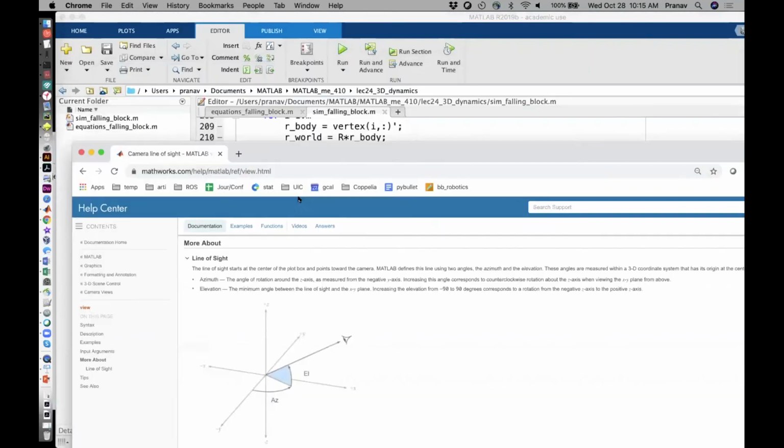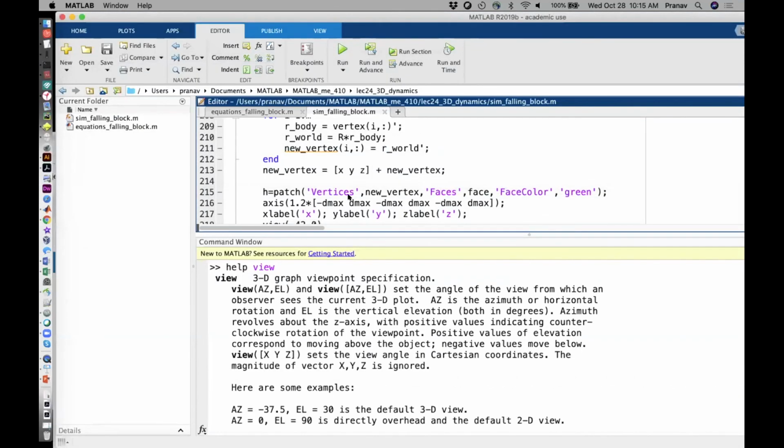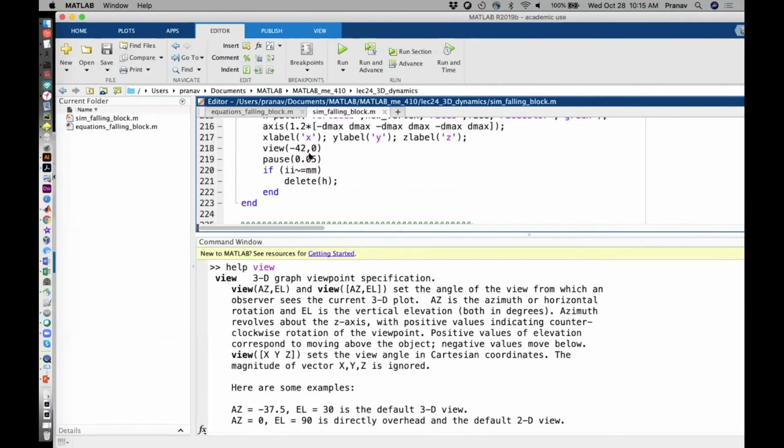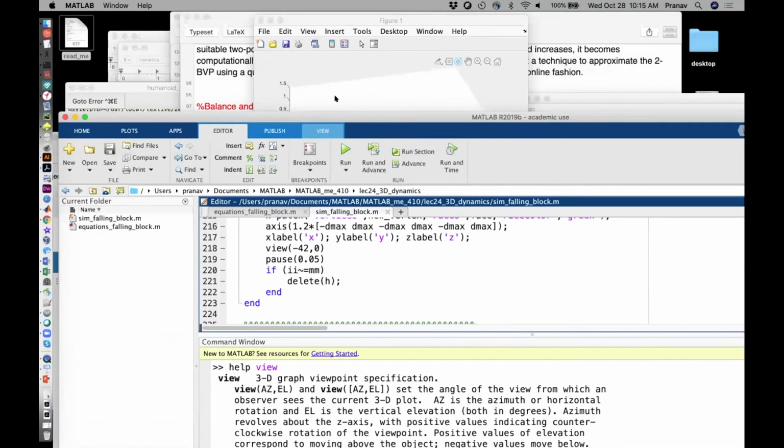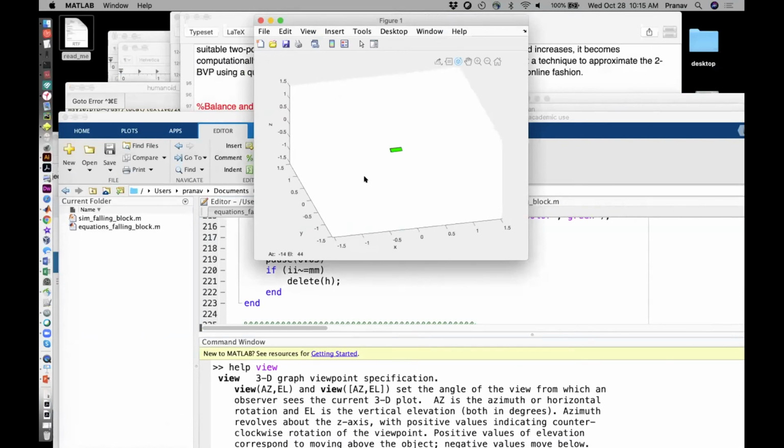In this case, I assumed the azimuth to be minus 42 and the elevation 0. And if you wanted a better view, the way I do it is instead of playing with those numbers, putting in an azimuth and elevation, I actually do it this way. So let's say that I'm rotating it, okay? And you see that when I rotate it, it actually tells me the azimuth and elevation in the bottom left corner. I can't quite show you because if I let this go, then the azimuth and elevation disappear.